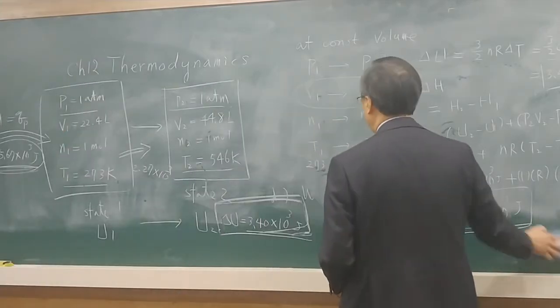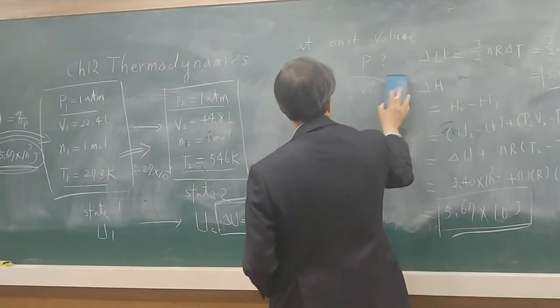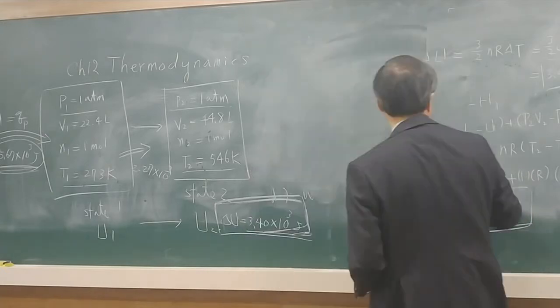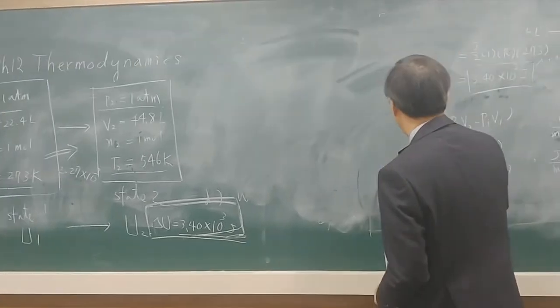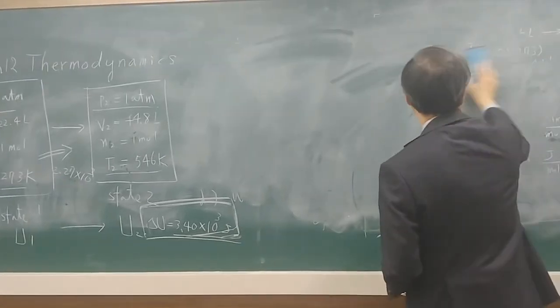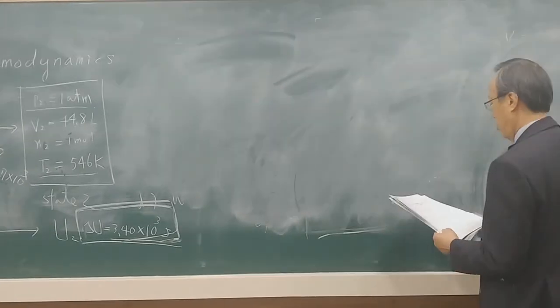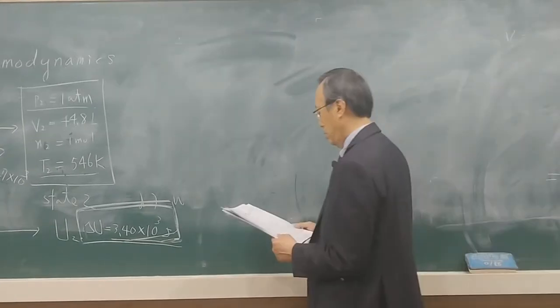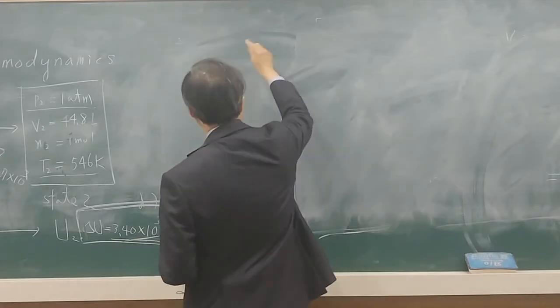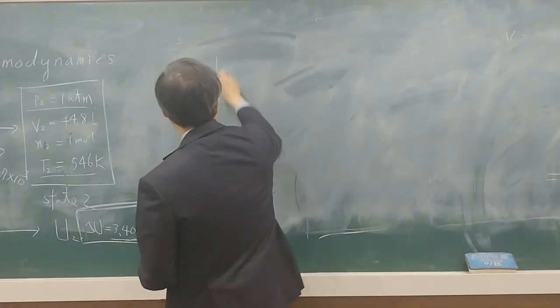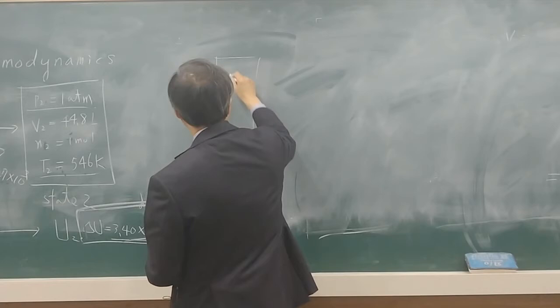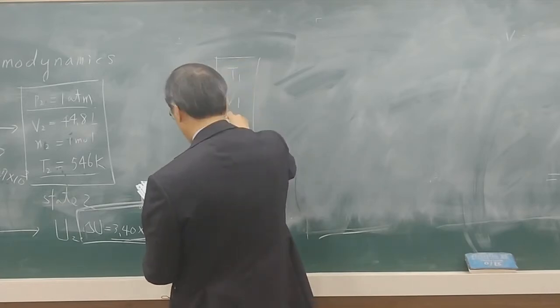So the final example: how about this case? Now the system transforms from T1, V1, N1, P1.